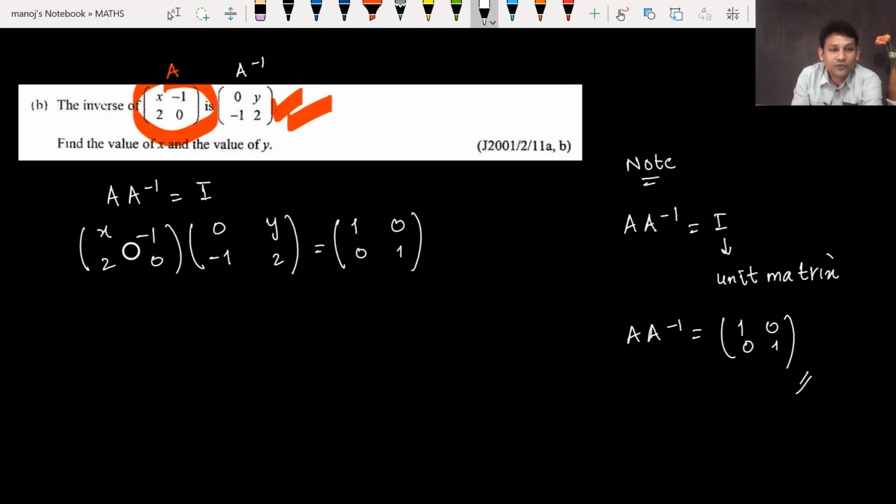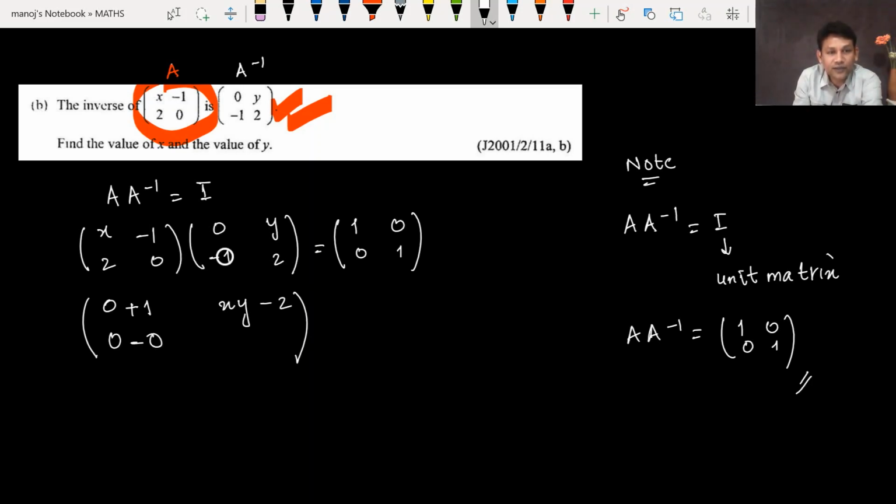Okay. Multiplication. First row, first column. x by 0 is 0. 1 by 1 is plus 1. First row, second column. x multiplied by y is xy. Minus 1 by 2 is minus 2. 2 by 0 is 0. Then 0 by minus 1 is also 0.